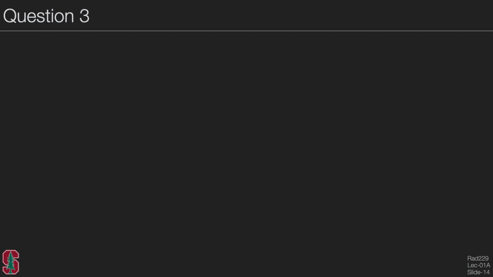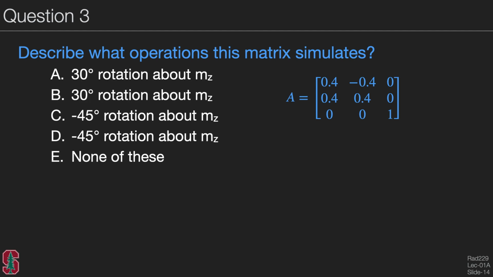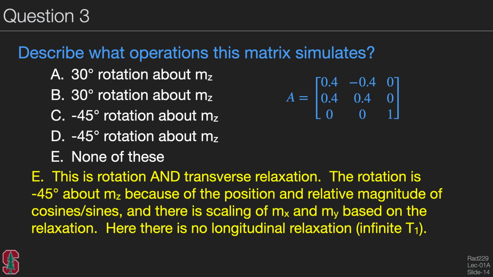This brings us to another question. So now we're asking, what operations does this matrix simulate? So here are the possible options here. Okay, and the correct answer here is E, none of these. And the reason for this is that this is a rotation and transverse relaxation.